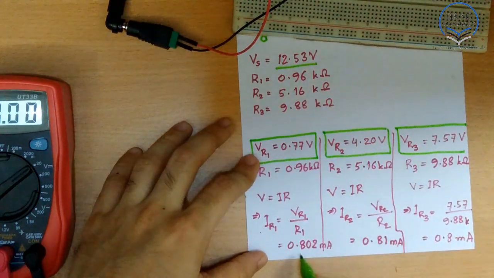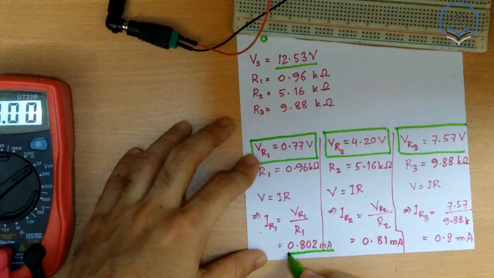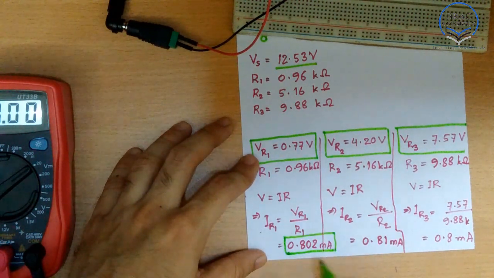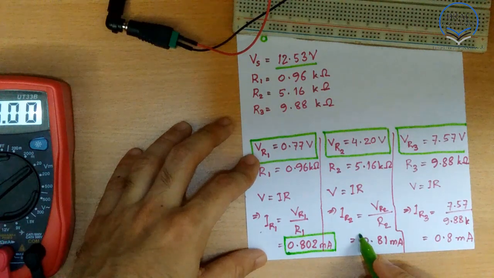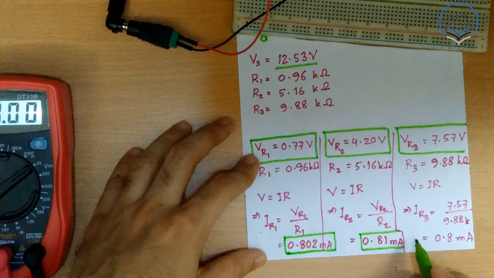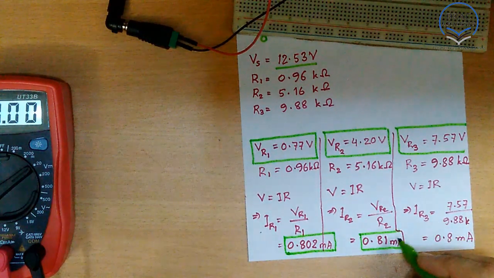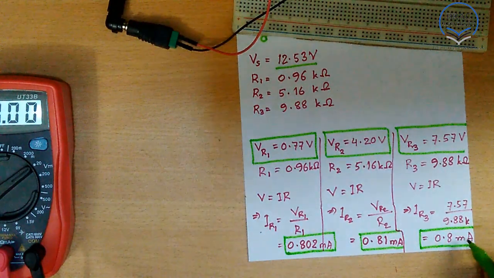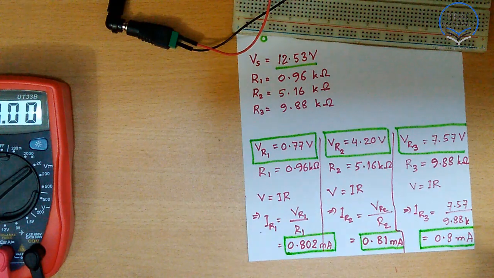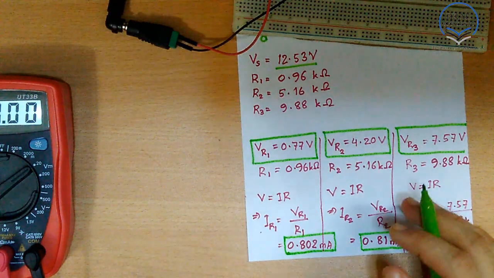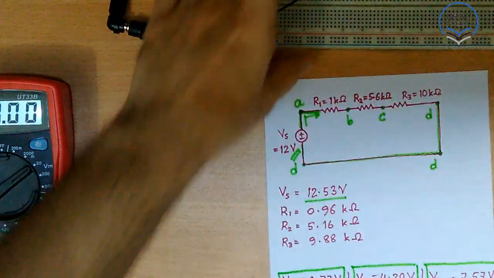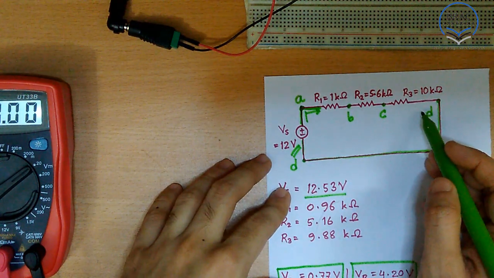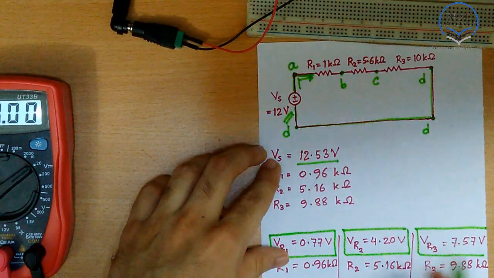But the value of the current is almost same. Theoretically it is same, but as we are doing practical, so here are some mismatch because of the measurement limitations, and the IR3 current is also same. So we can decide that in case of series circuit, the current is same through all the resistors, but the voltage gets divided.